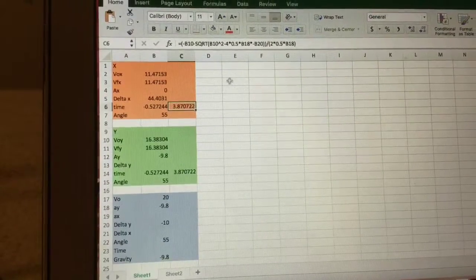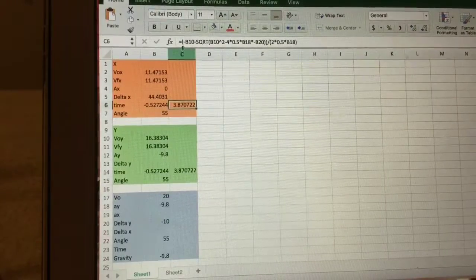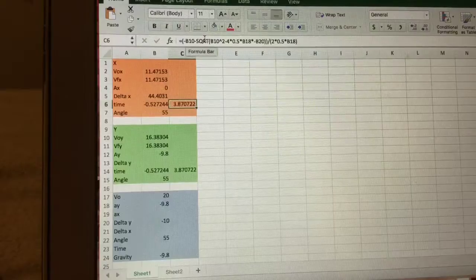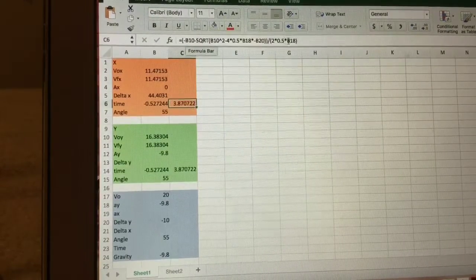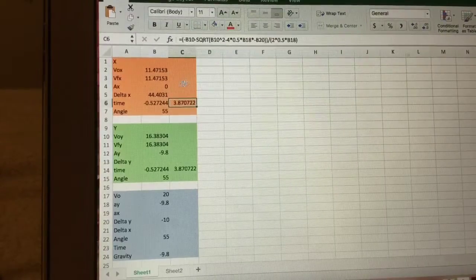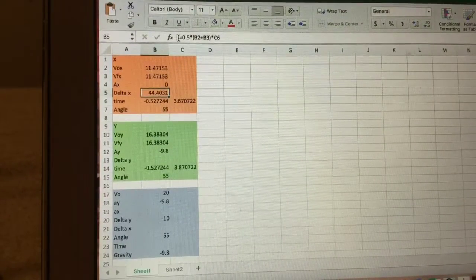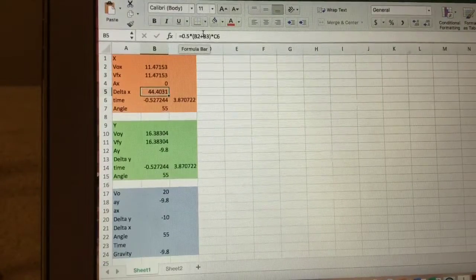That's why we get two answers. When we have two answers for time, we have to choose the positive one because time, as we all know, can never be negative. To find the delta x, we use one of the big four formulas, and in this case we use displacement equals 1/2 times vf minus vi times time.